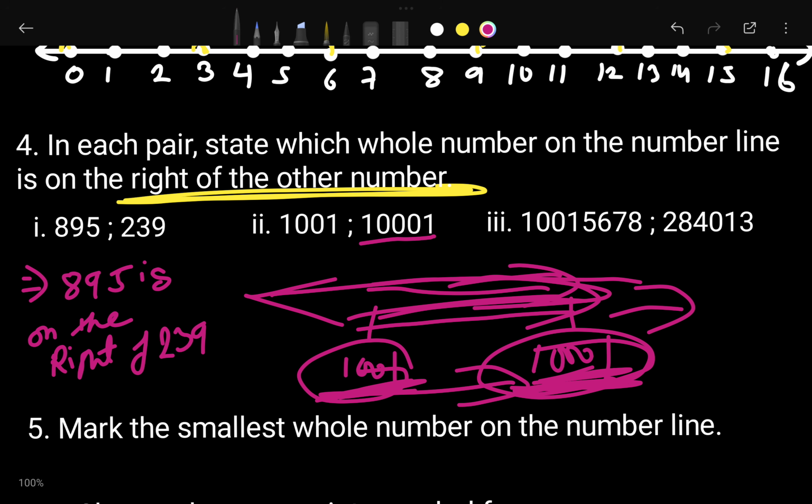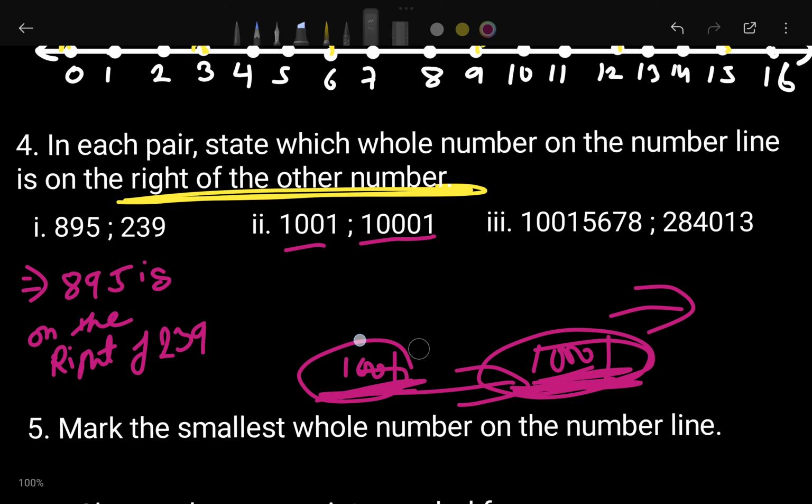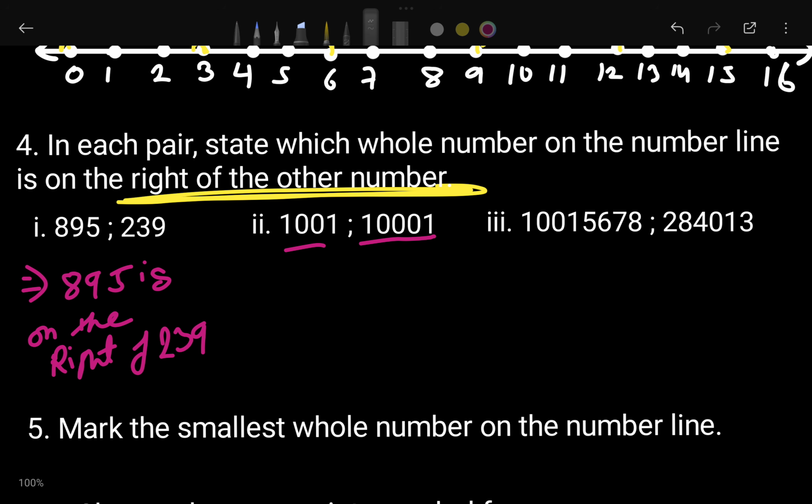So 10001 is on the right side of the 101. Okay, right. So let's write this one here. So here we can write 1 2. Generally, if I count, this is 10,001.